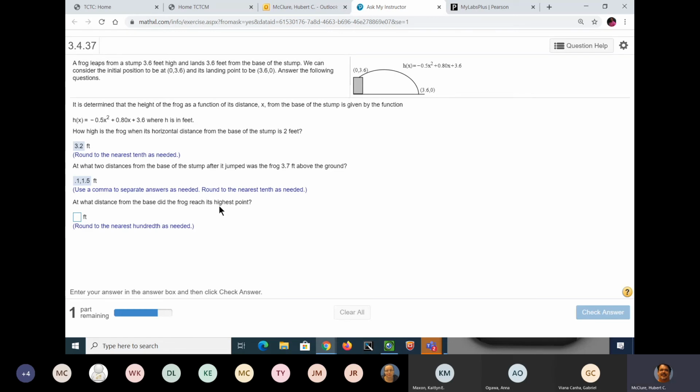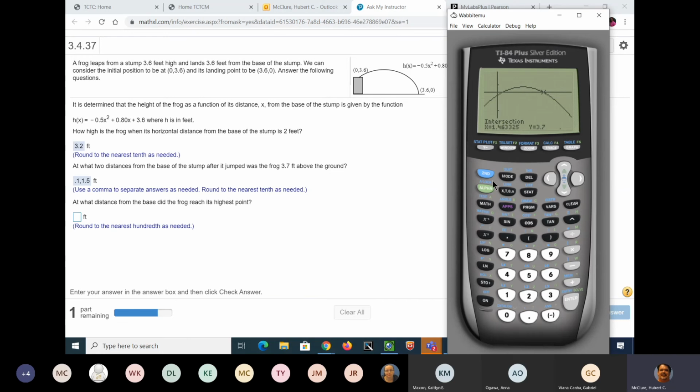At what point did it reach the vertex? So let's find our vertex. Let's go to the handy dandy calculator and find that vertex right there. Second, trace, maximum. And the left bound, all this does is speed up the math.